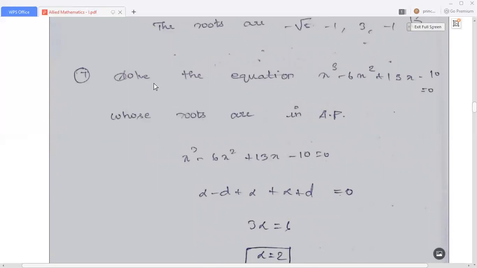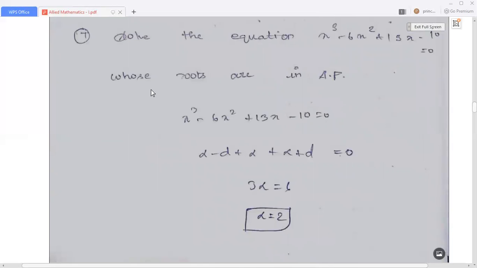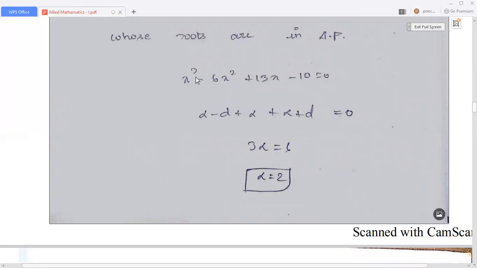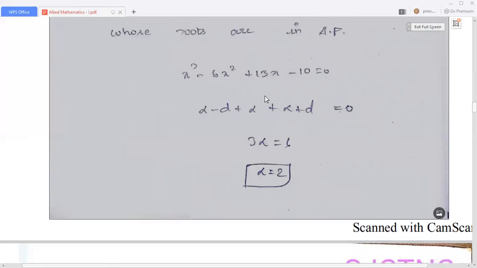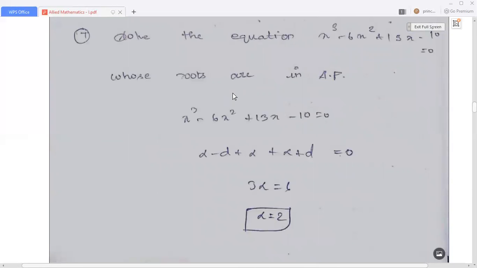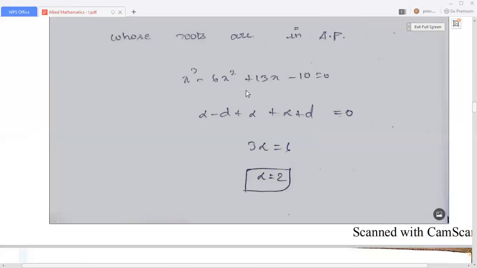Next problem. Solve the equation x cube minus 6x square plus 13x minus 10 equal to 0, whose roots are in arithmetic progression. Now we write the sum of all the roots.